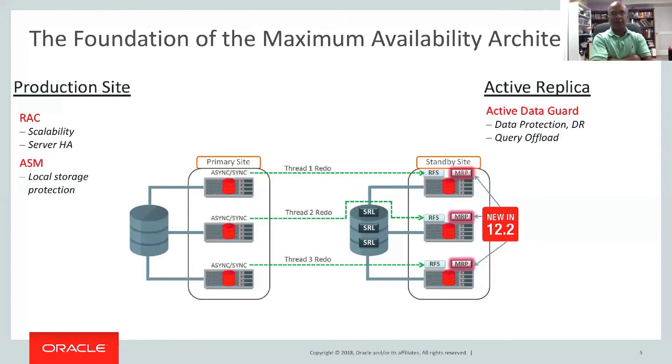And therefore, these rules are checked very, very strictly. The database has its own checks and its own rules. So on the primary side, let's say one of the instances crashes. That's perfectly fine in the context of Data Guard because we would be continuing to send those changes from the other instances. That should be fine.